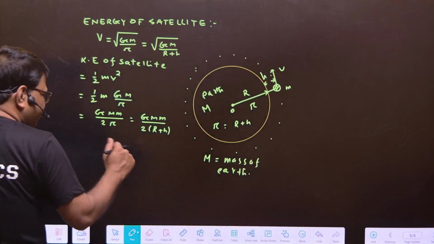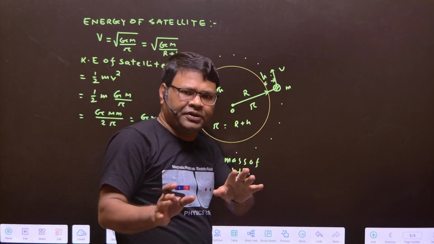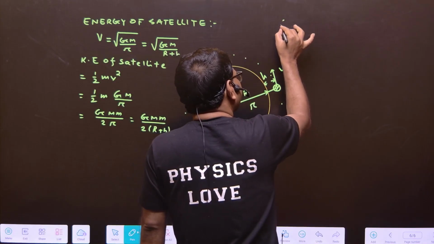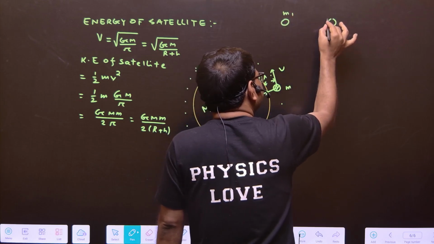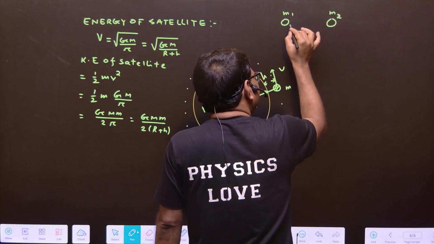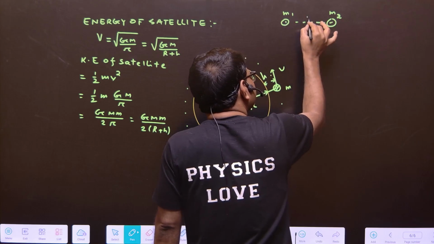And the potential energy between two masses, I have told in previous classes. Now see here, one object having mass m1, another object having mass m2, and the distance between the centers of the two masses is r.